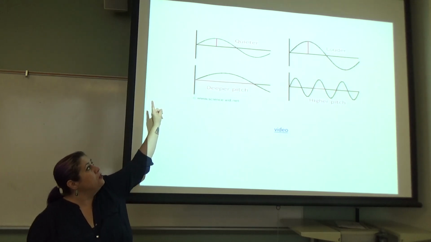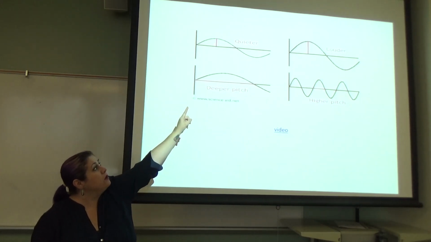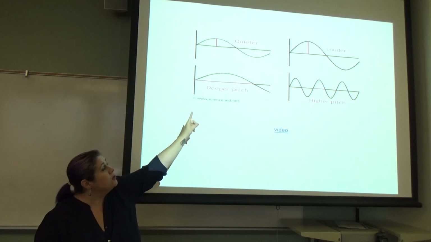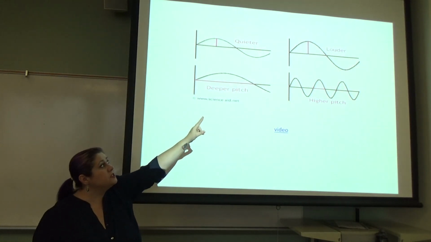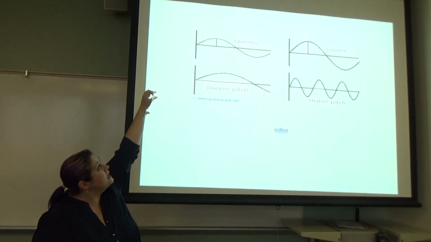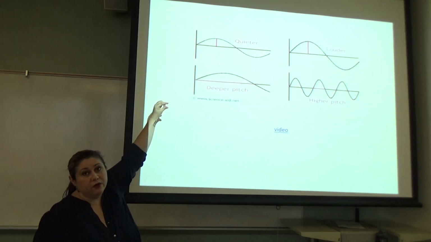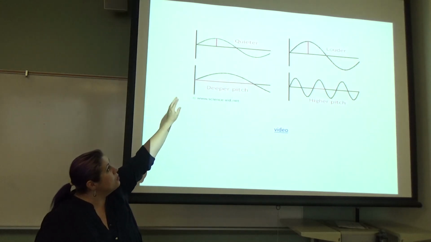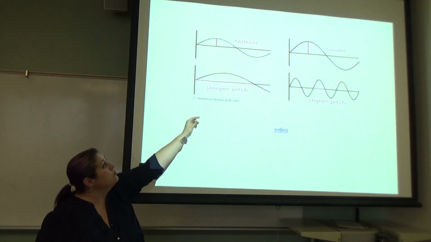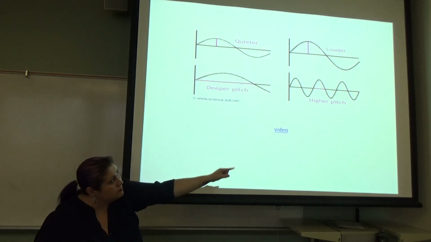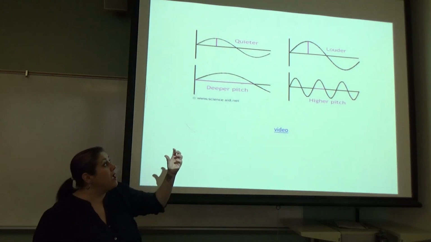So if we have a long wave and another long wave, like we do at the top, those are the same note. Let's say that's middle C. But this one that has less amplitude is quieter. The less amplitude we have, the lower it goes up and the lower it dips down. Versus if the amplitude is higher, it goes higher up and comes lower down, that would be louder.